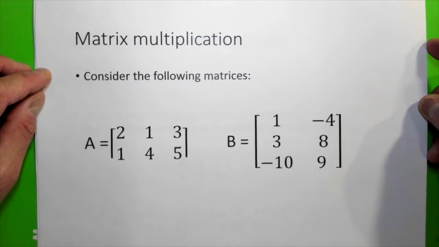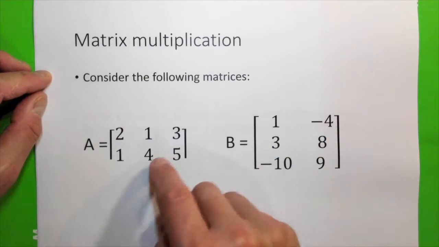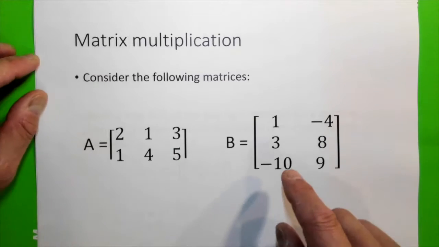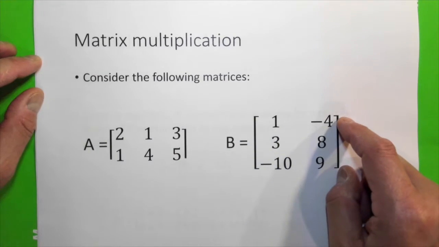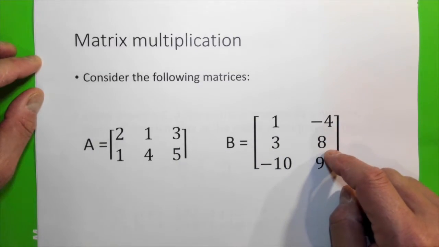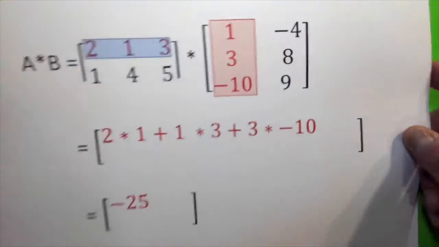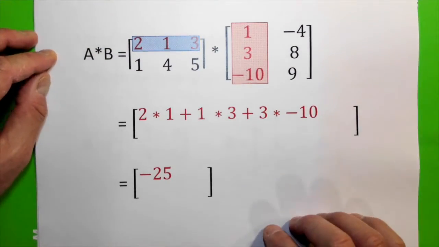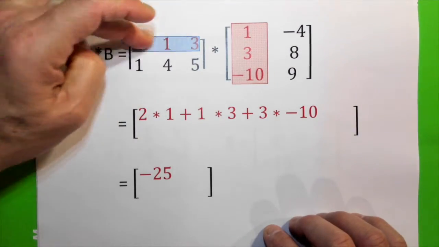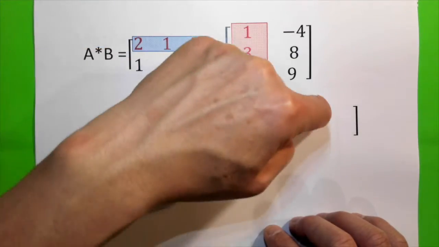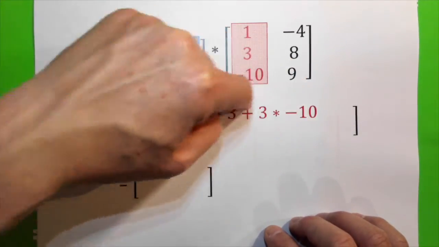Let's consider A, which is a 2 by 3 matrix, and B is a 3 by 2 matrix. Let's see, how do we do multiplication of A times B? First, we look at the top row and the first column. That will give us the first number in the new matrix.